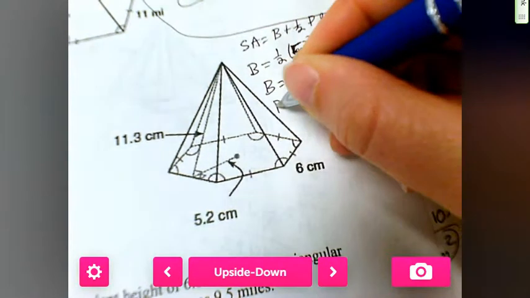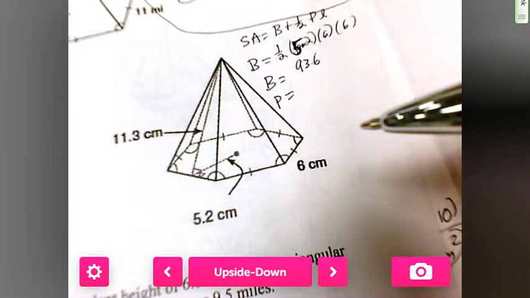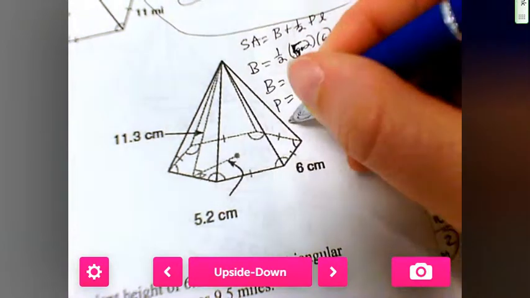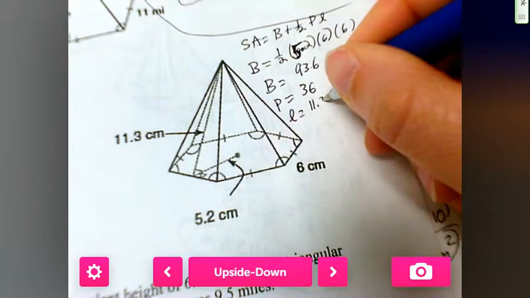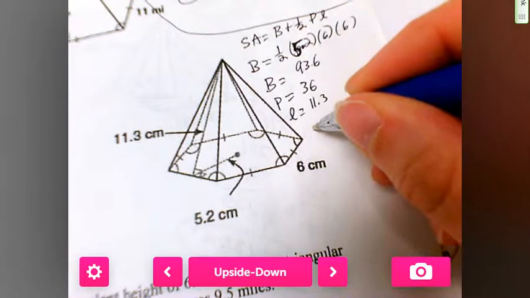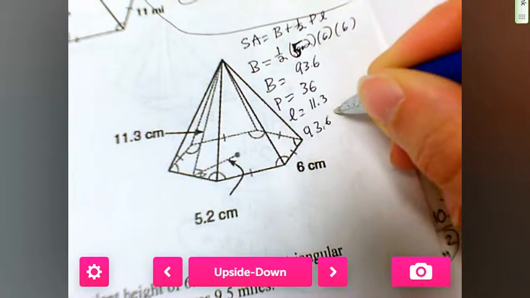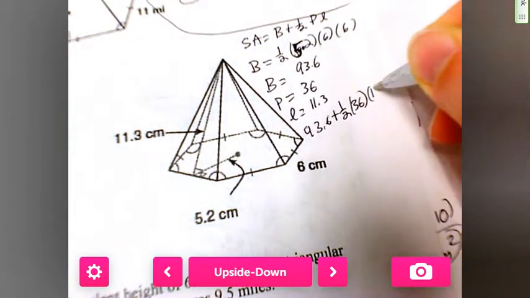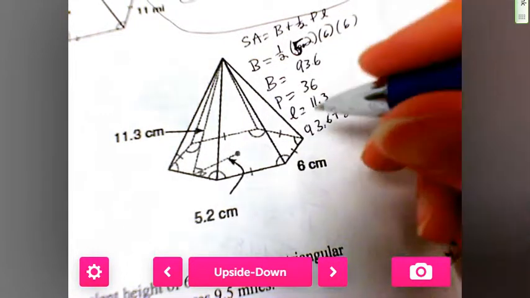What's the length of the perimeter? 6 times 6 is? 36. And what's the slant height? Good. So we're going to plug that in. 93.6 plus 1/2 36 times 11.3. That gives us what?